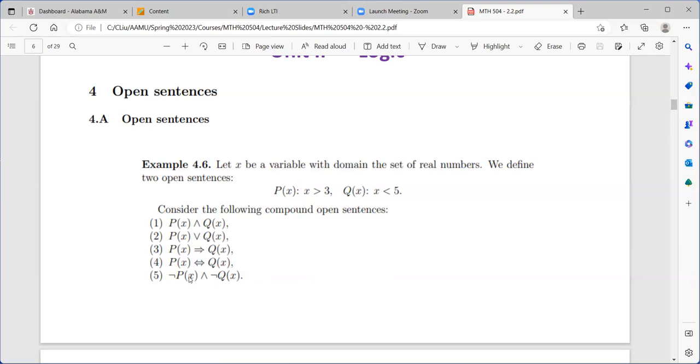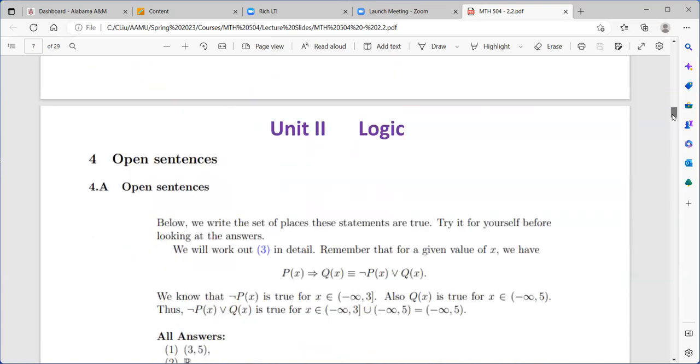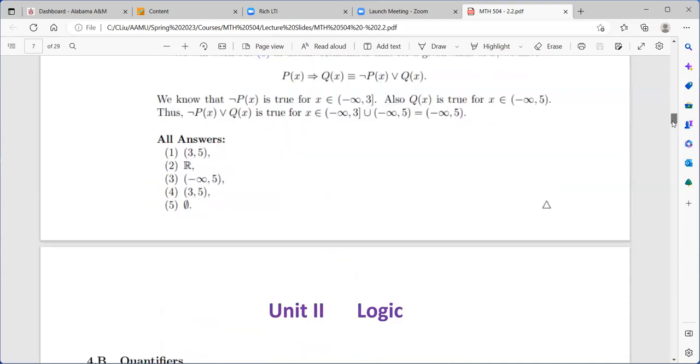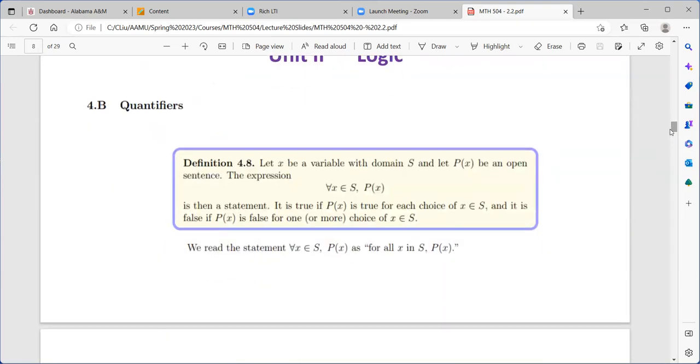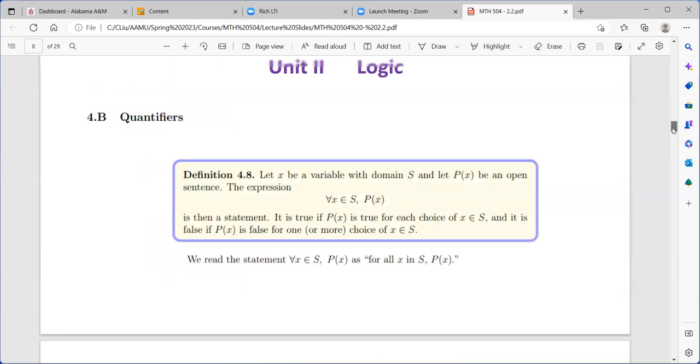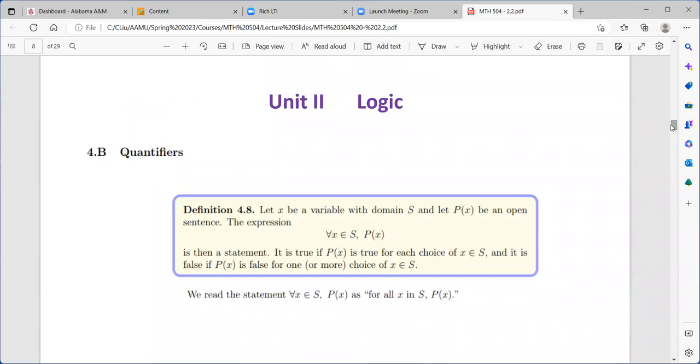So in other words, the set of x which make the compound open statement true is the empty set. Okay, so that's that. That's the first thing we talked about, and then the next thing is called quantifiers.